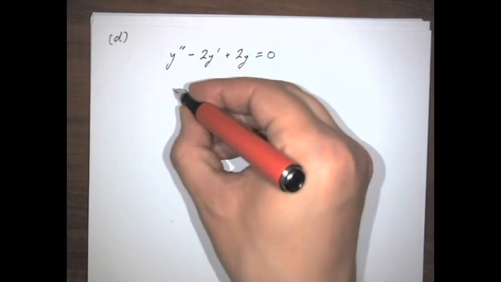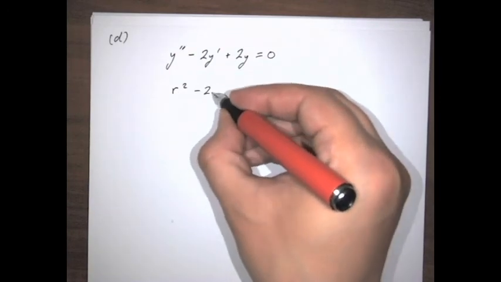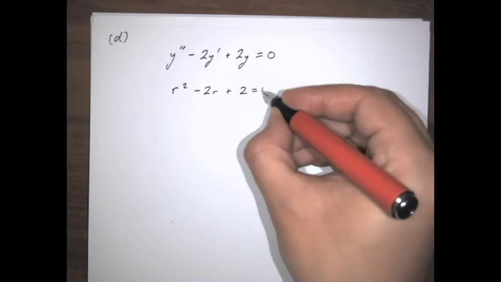So here, the characteristic equation is going to be r squared minus 2r plus 2 equals 0.